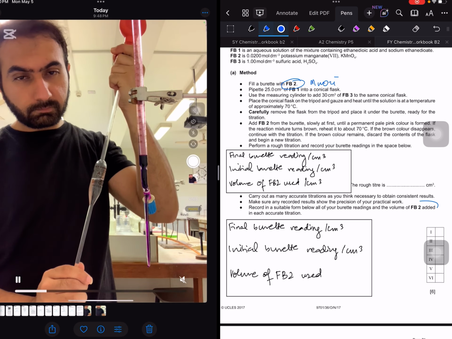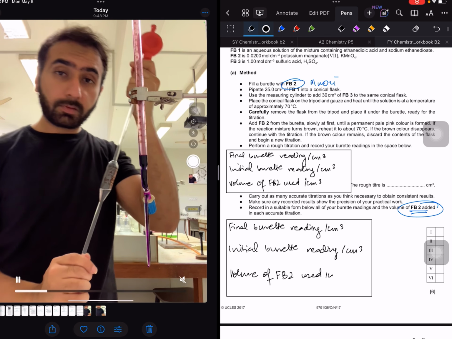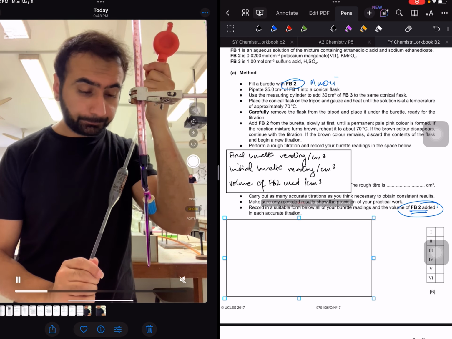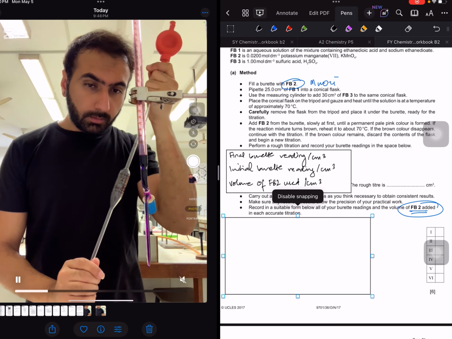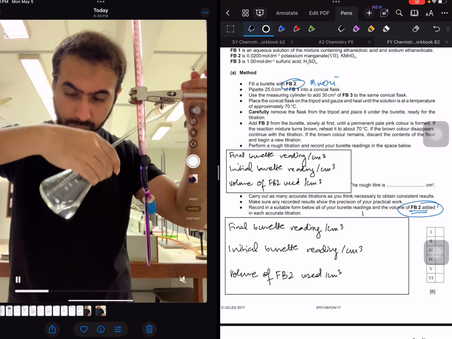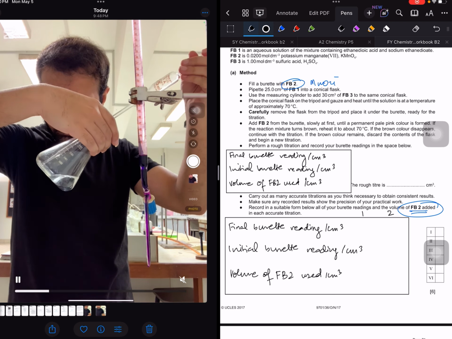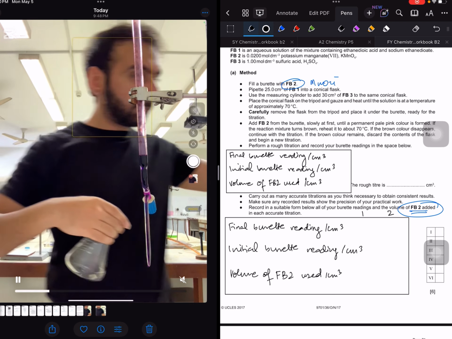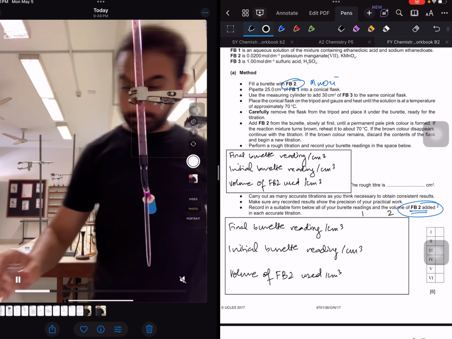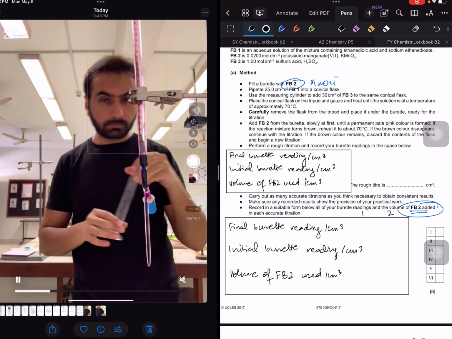Whatever is going to be used comes from the burette, so always remember this fact, and then slash cm cube. Let me extend the table a little. This is going to be my first accurate titration, second accurate titration, and I'm just assuming I will be able to do it. You can see me tapping the pipette nozzle onto the base of the flask to remove everything.